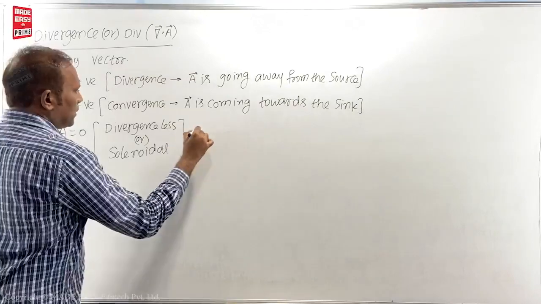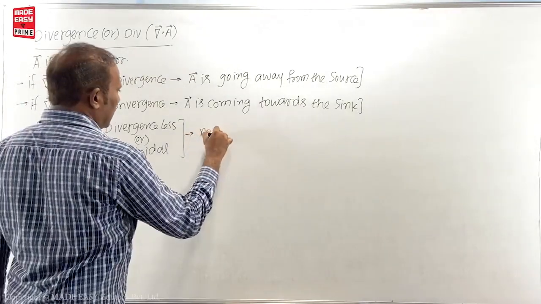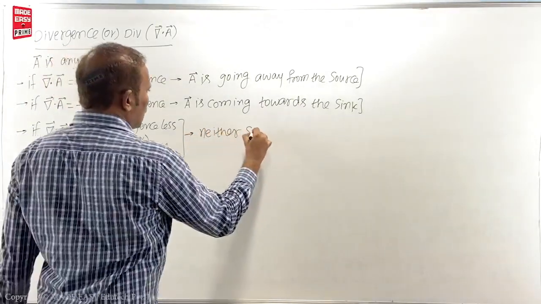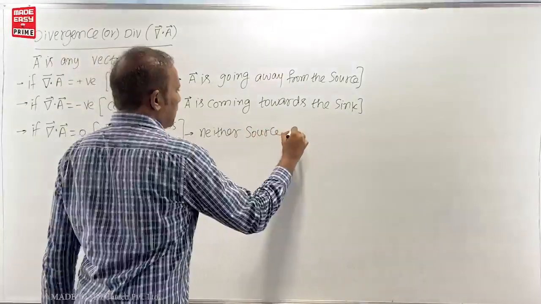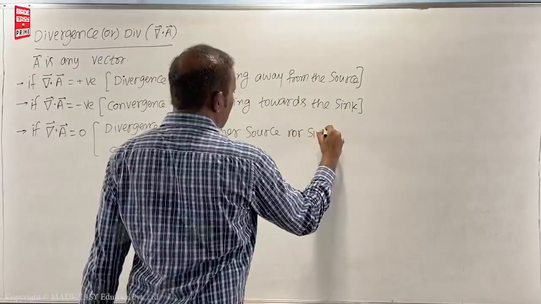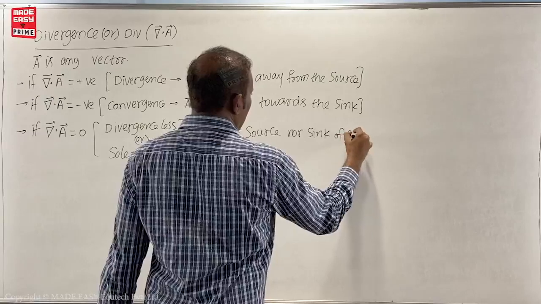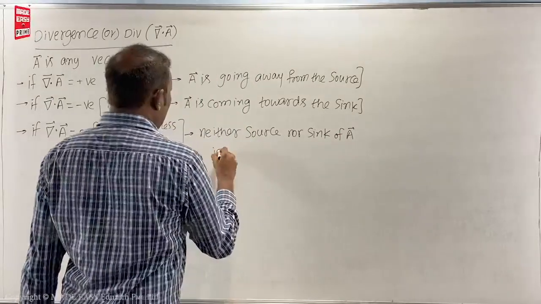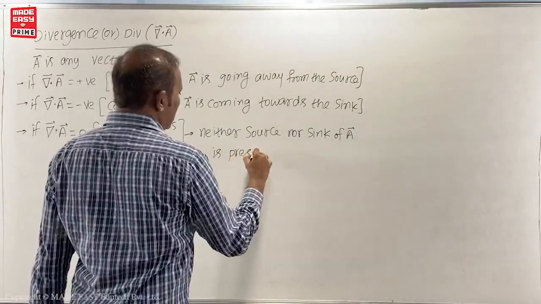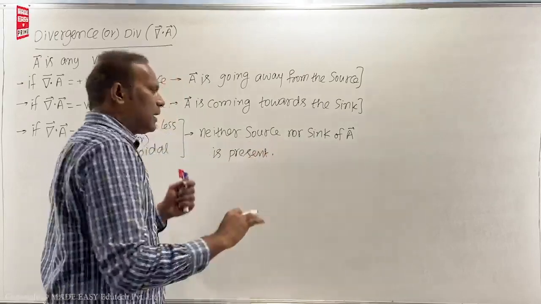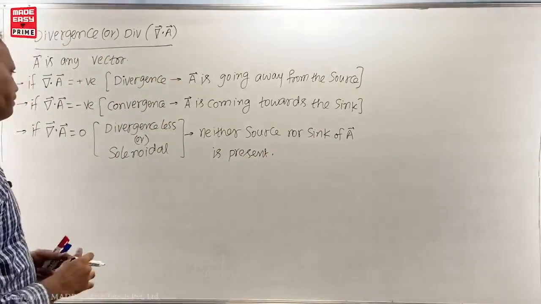That means neither source nor sink of a bar is present. कोई नहीं है, सोर्स भी नहीं है, उसका सिंक भी नहीं रहता है.